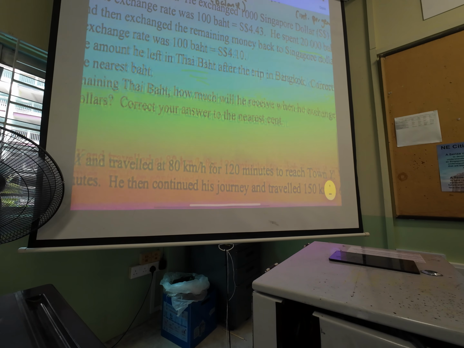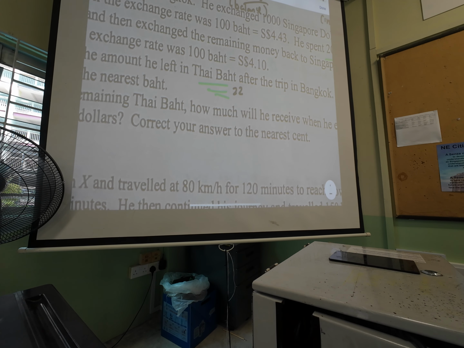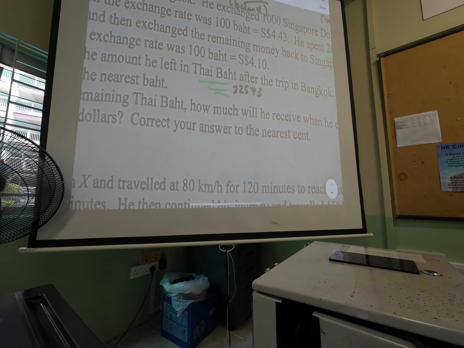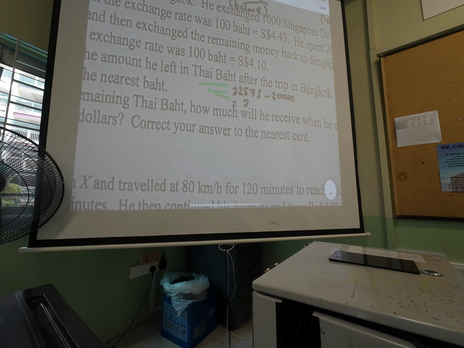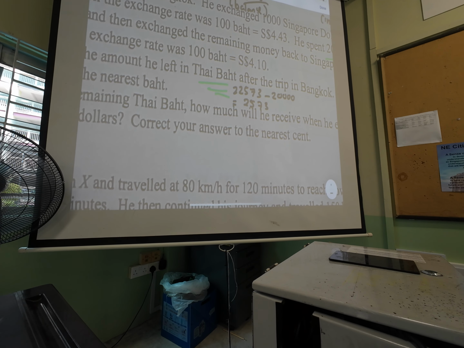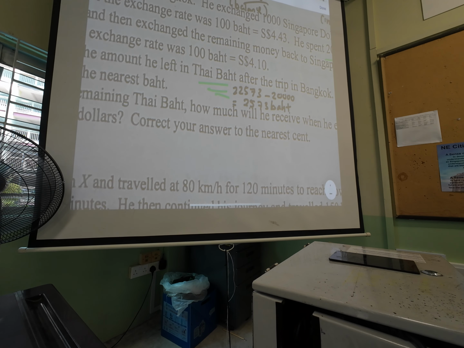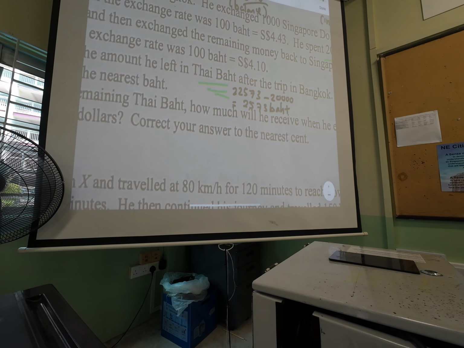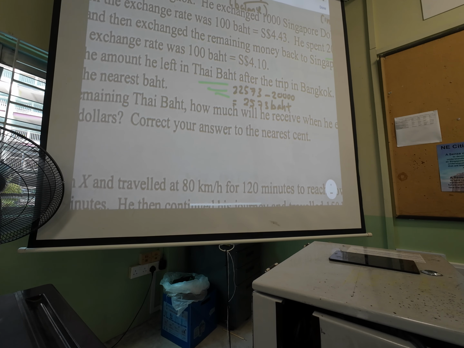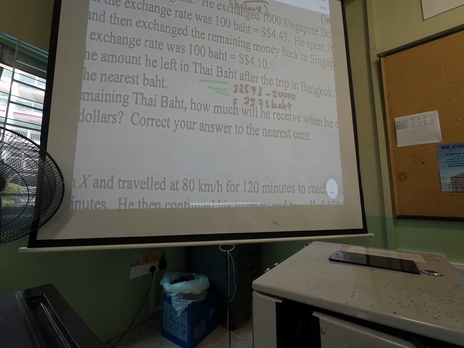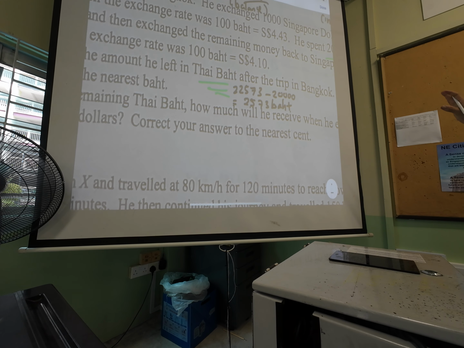We take 22,573, which is what he has. Then he spent 20,000. So he is left with 2,573 baht. Minus only. Which is why I say this question is easy. It is standard.